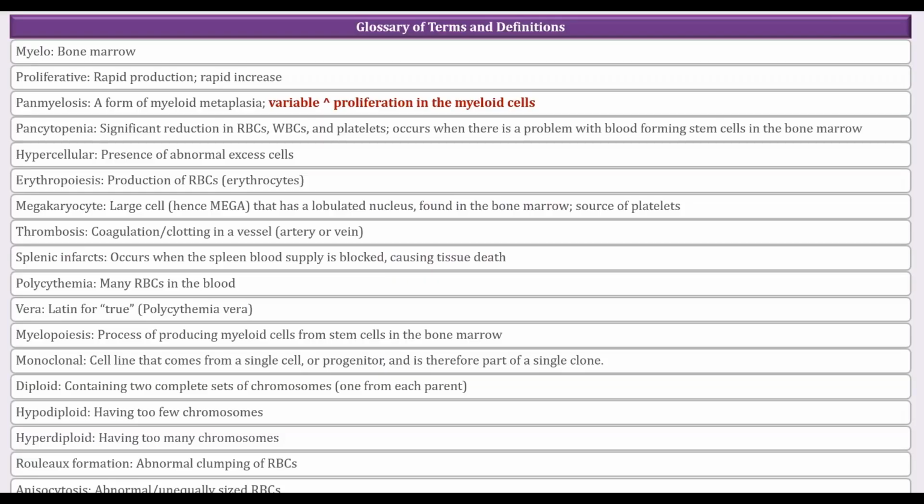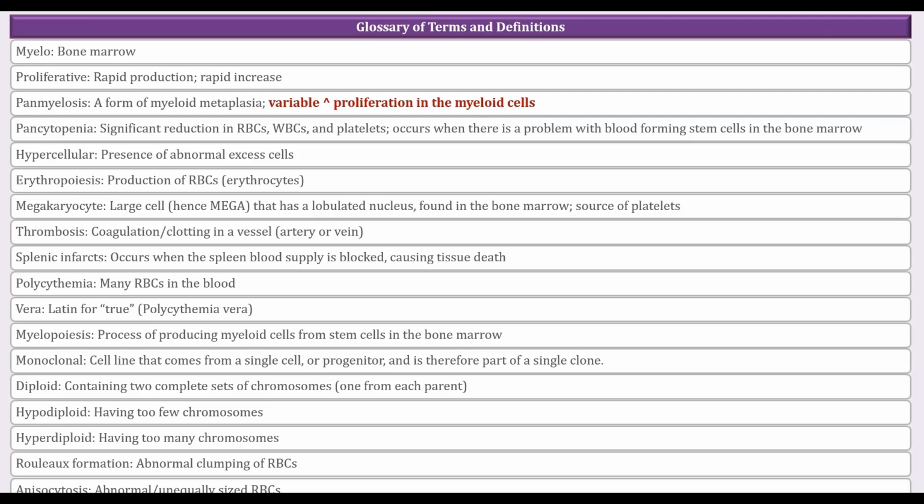This slide here is a glossary of terms and definitions. These are all terms you'll see throughout the presentation, but you'll also be seeing these terms in your pathology reports, your physician notes, or even in imaging. Let's say, for example, splenic infarcts. You might see this dictated by a physician and wonder exactly what that is, or even see it most likely in your imaging reports.